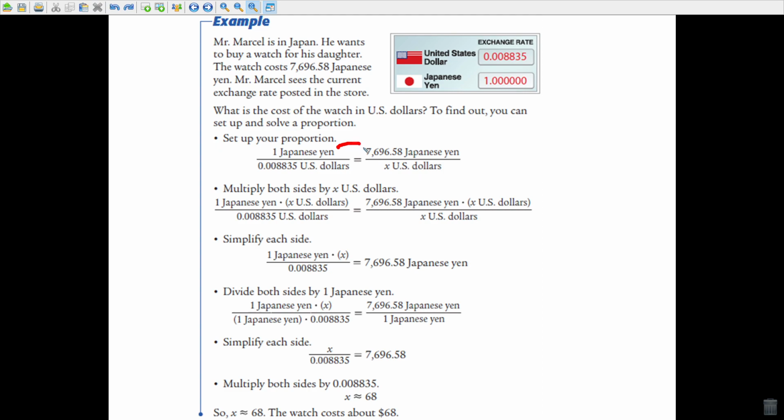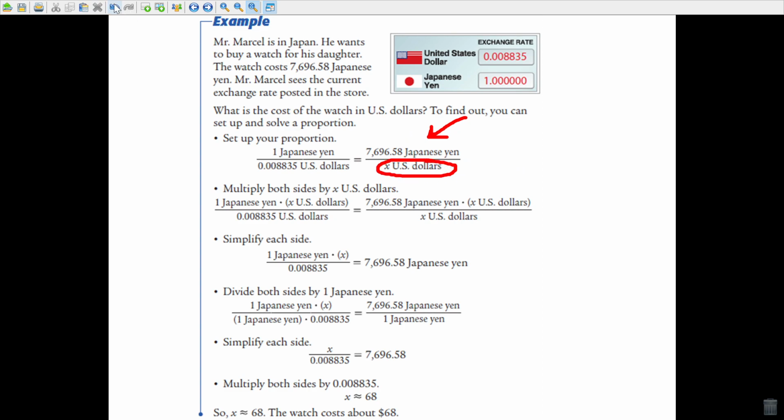Notice that both numerators correspond and both denominators correspond. Yen to yen, dollars to dollars. We are given this information. We know that the watch costs 7,696.58 Japanese yen. And now this is what we're looking for.